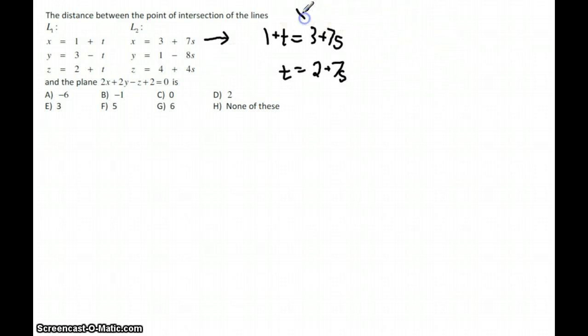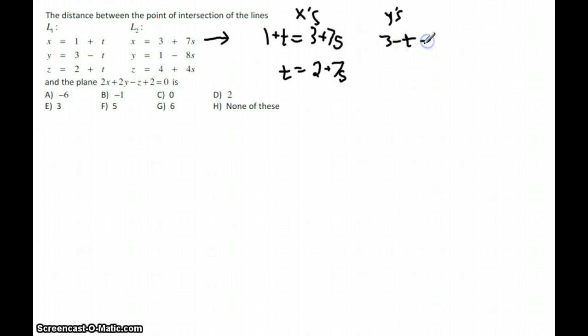Alright, great. Those were the x's being equal. Now the y's being equal, 3 minus t being 1 minus 8s, what we could do is take the relationship we've just found and plug it in. Not the value of t, but the relationship.